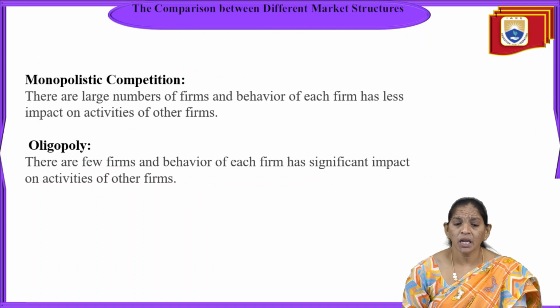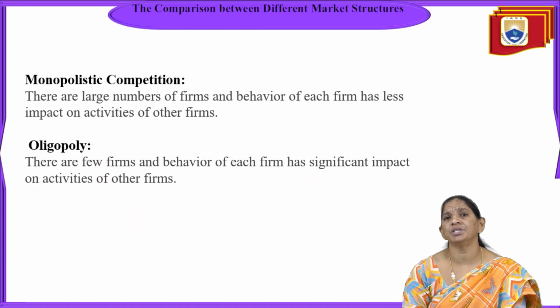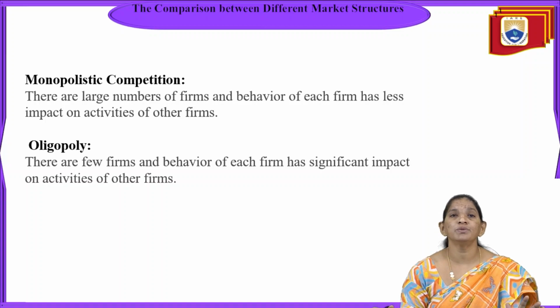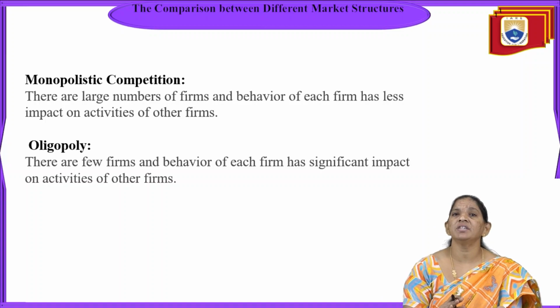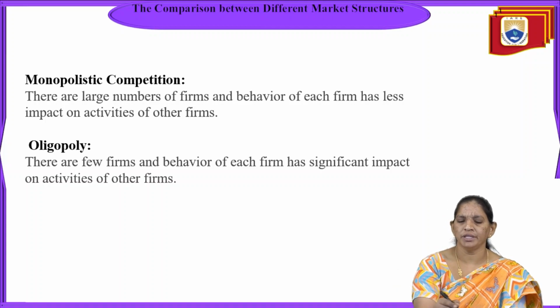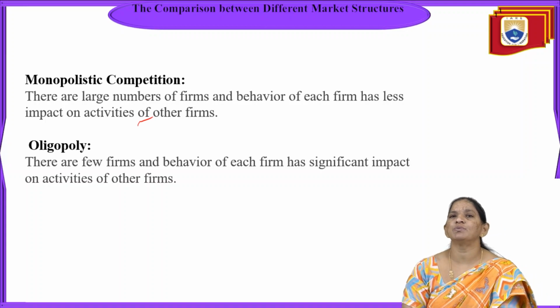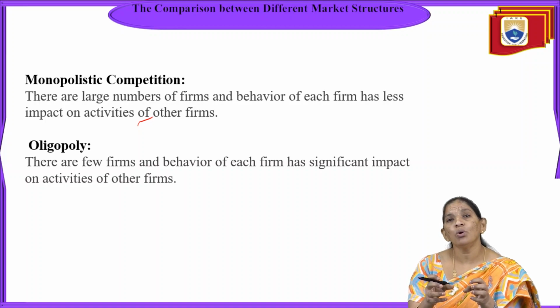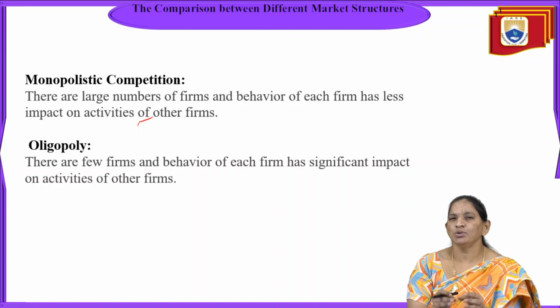But in case of monopolistic competition, we are able to identify a large number of firms, whose behavior will have some impact, less or more, upon the other firms. Why? Because in monopolistic competition, close substitutes will be there, so close features will be there in the product.